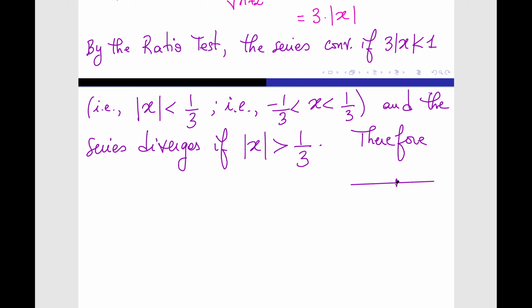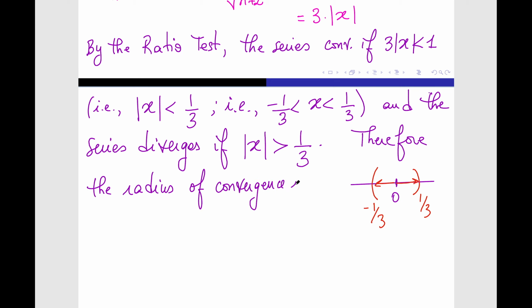So if this is 0, you can keep pushing all the way to 1/3 here and here and having convergence. Once you go outside, I'm not talking about the endpoints, just everything in between, and once you are less than minus 1/3 or bigger than 1/3, you get divergence. The question becomes what happens at those endpoints, right? But what I'm saying here is that the radius of convergence is 1/3. So therefore, the radius of convergence is equal to 1/3.